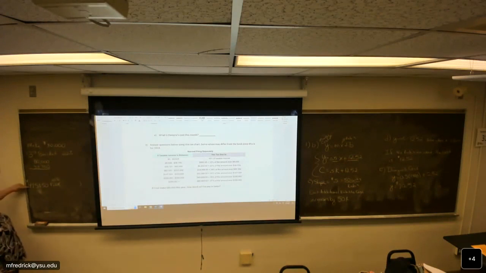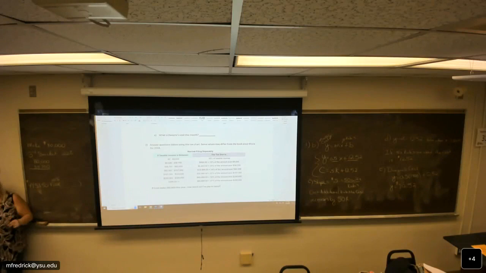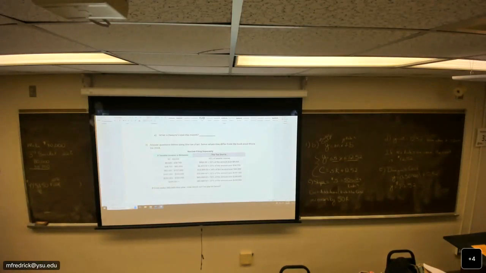This 4,453.50 was figured out for you already from the first two rows, so you don't have to do the last row. $4,453.50 plus 22% of the amount over 38,700.